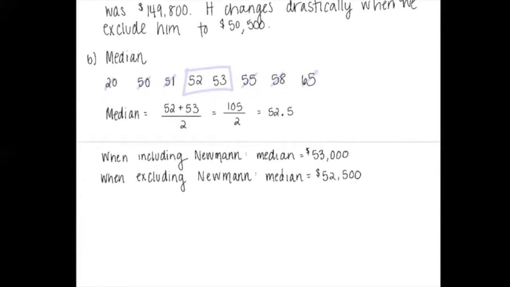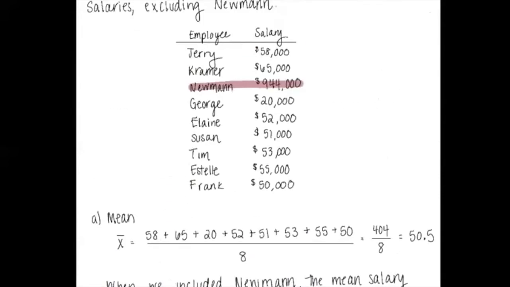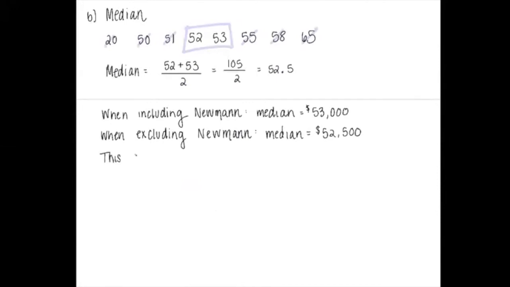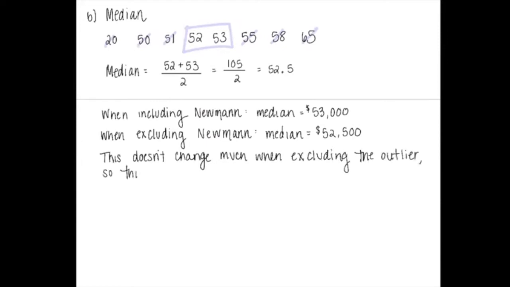So it doesn't change much even with that piece of information. This is going to be a decent average. It doesn't change much when excluding the outlier, so this is a decent representation of the average. Probably the best one we have.